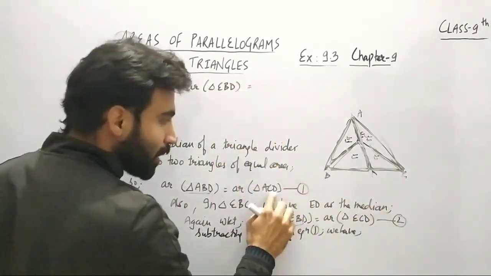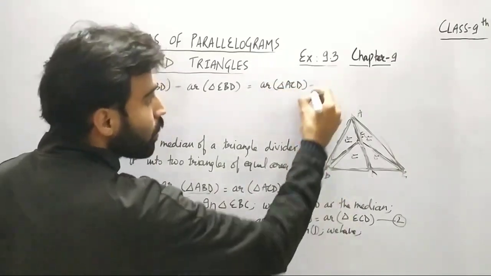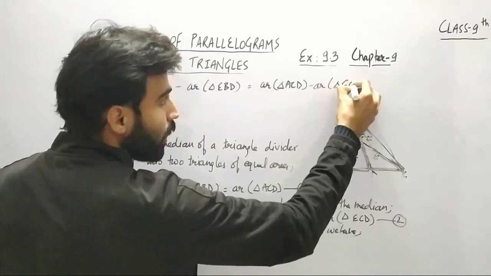Then on the right hand side I will do the same thing: area of triangle ACD minus area of triangle ECD, right?